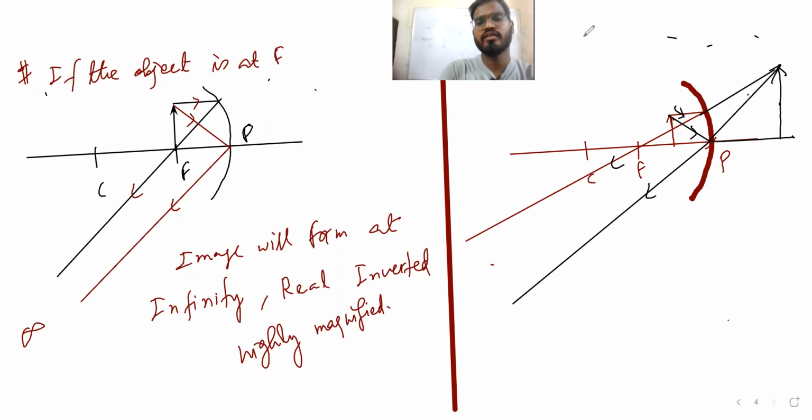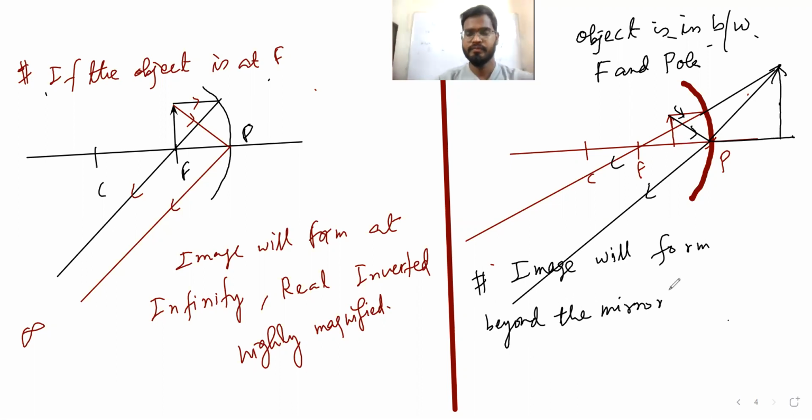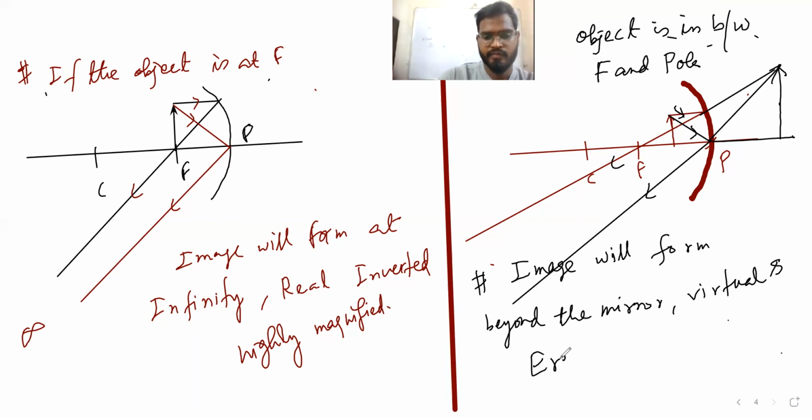So if the object is between focus and pole, the image will form beyond the mirror, virtual and erect, and magnified.